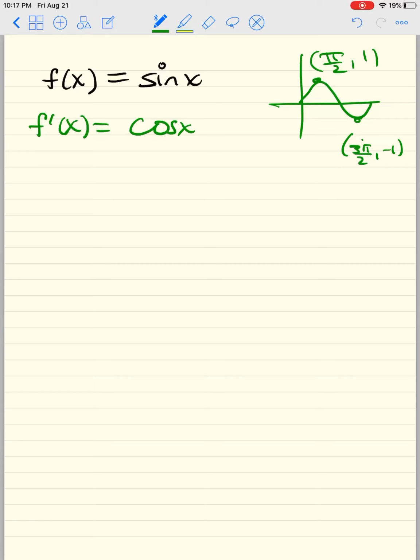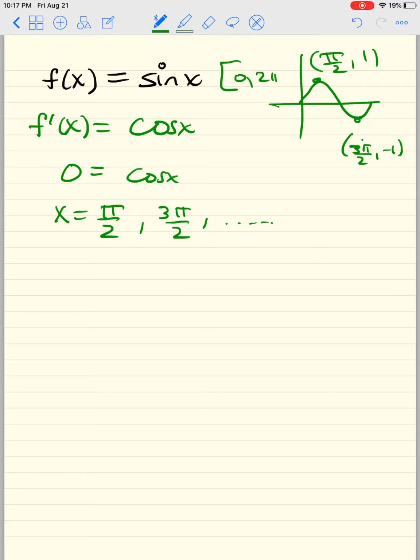So first, you set the derivative equal to 0 to find the critical number. Now, if you guys remember, where does cosine equal 0? Actually, cosine equals 0 at 90 degrees, then again at 270, and there's many other places. So we want to restrict our interval in our question to 0 to 2 pi.